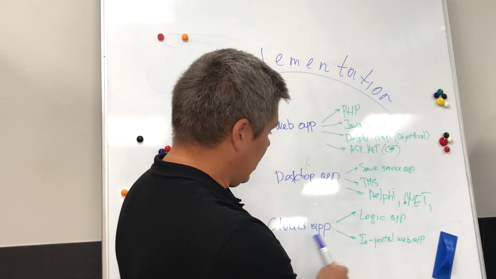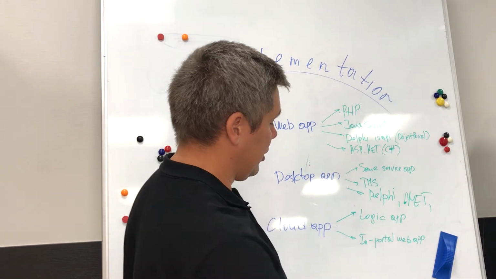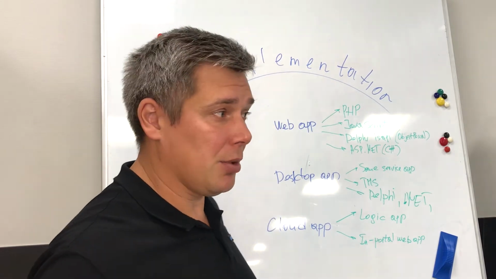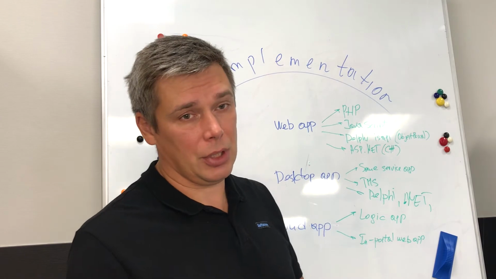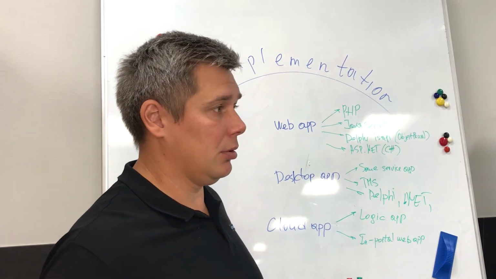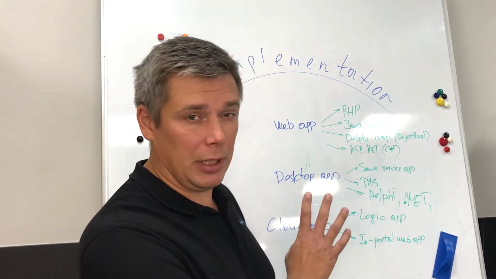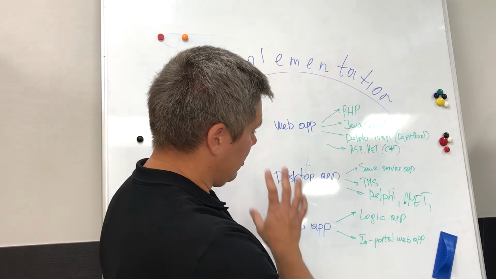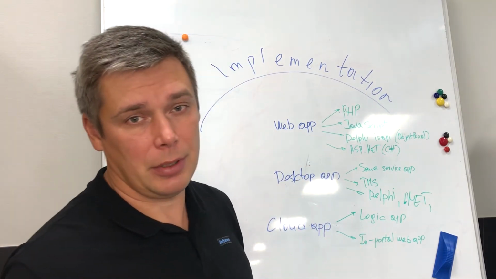If we're talking about cloud, we can implement a REST API server as a logic application. We can implement it as a portal web application, where you write all your code using a web browser, upload it to the cloud, and it works. Nothing to compile, nothing to upload via FTP, and so on. Again, this is just some of the options which we can use for implementing a REST API server.